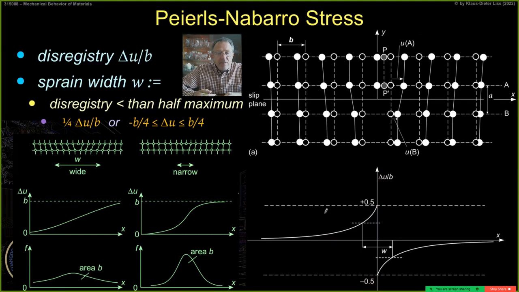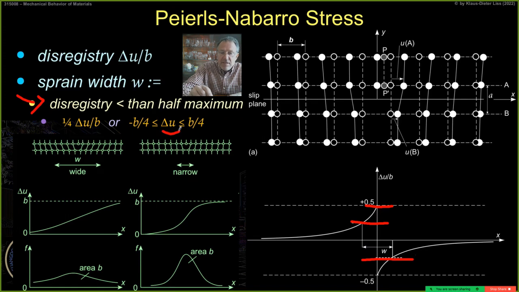Now we talk about the disregistry. The disregistry is smaller than half the maximum. Half the maximum is 0.5 b. So half the maximum is 0.25, or 1/4 of b, and minus 1/4 of b.